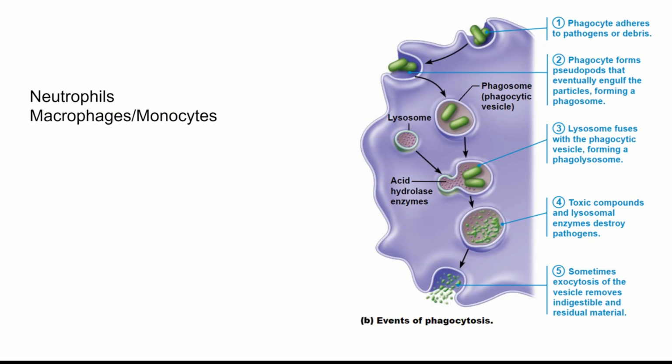They have a kidney-shaped nucleus, and they are an agranulocyte. They are specifically found free-floating in the blood. Macrophages, on the other hand, are a phagocyte that phagocytizes pathogens, but those are found in tissues. They're not circulating in the blood. These are found in your skin or in your organs. They're found in functional tissues.